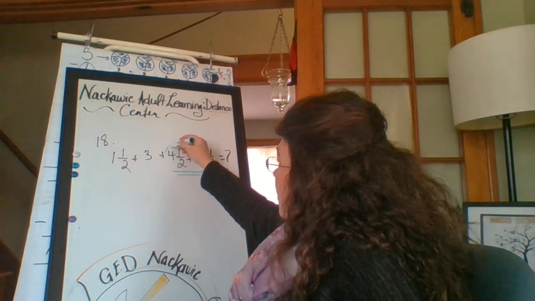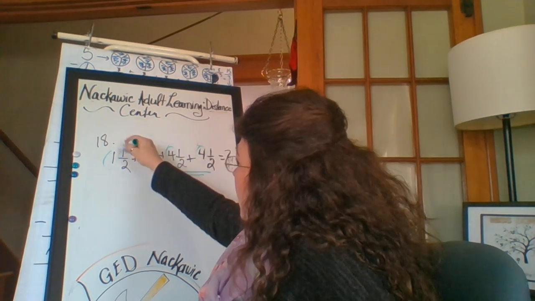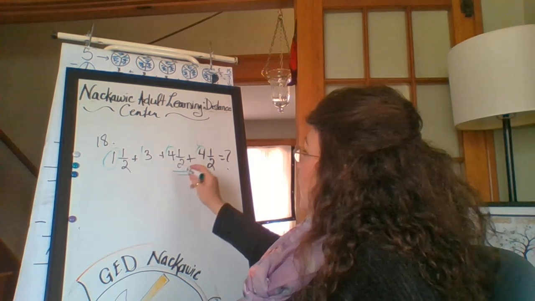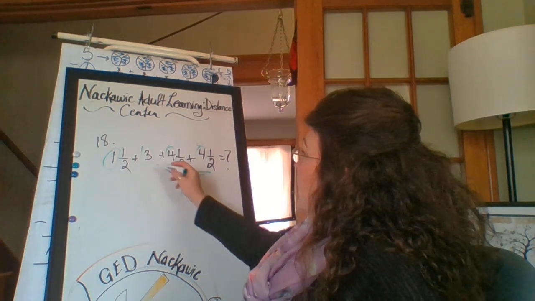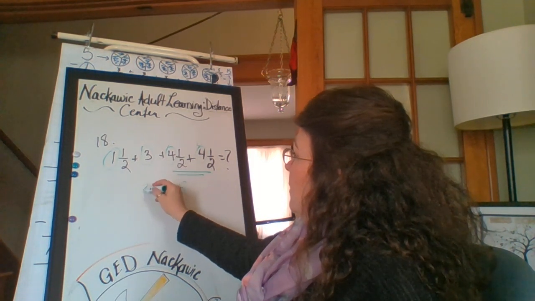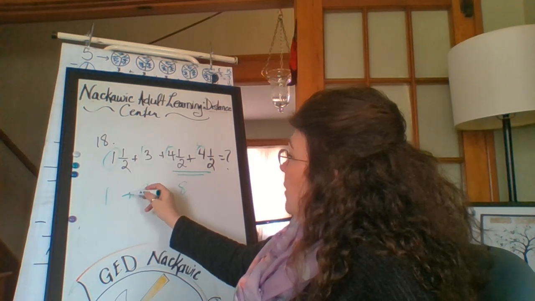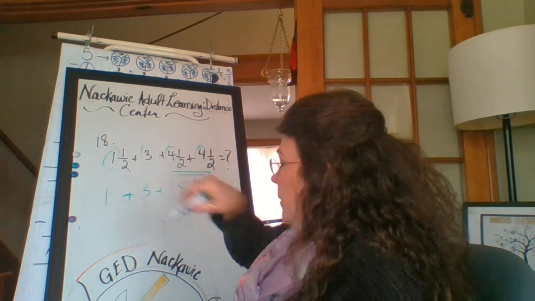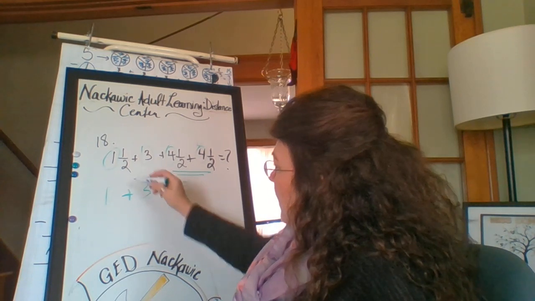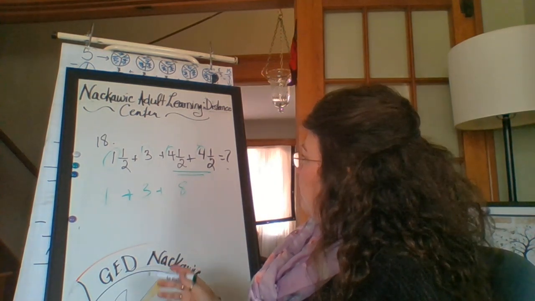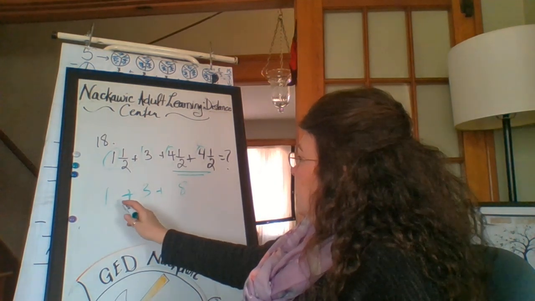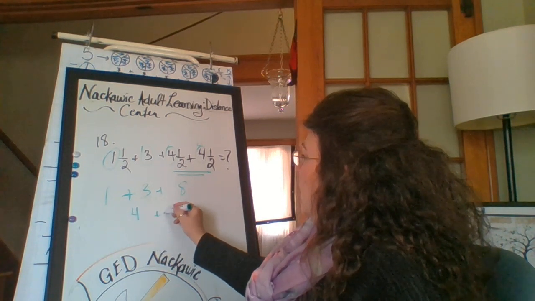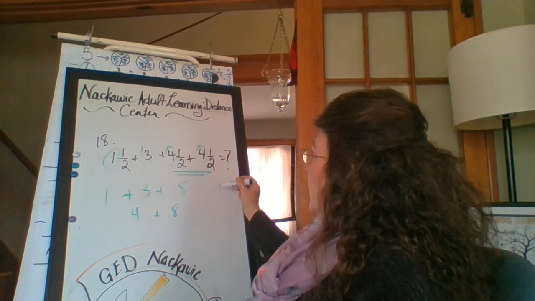So 4 and 4 and 1 and 3. 4 and 4 is 8, and 3 and 1 is 4, plus 8 is 12.